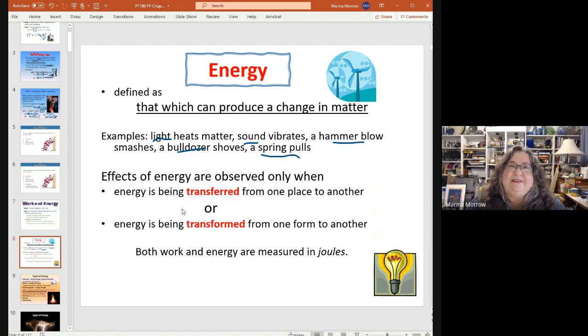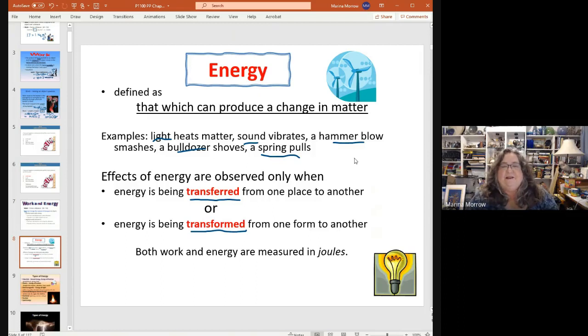And the thing is, when you see energy happening is when it's being transferred or transformed. So you transfer it from one place or one object to another. So I can throw a ball, right? What happens is I'm taking the ball, which was still, and then I'm throwing it, giving it a type of energy of motion. And so I transferred energy into the ball.